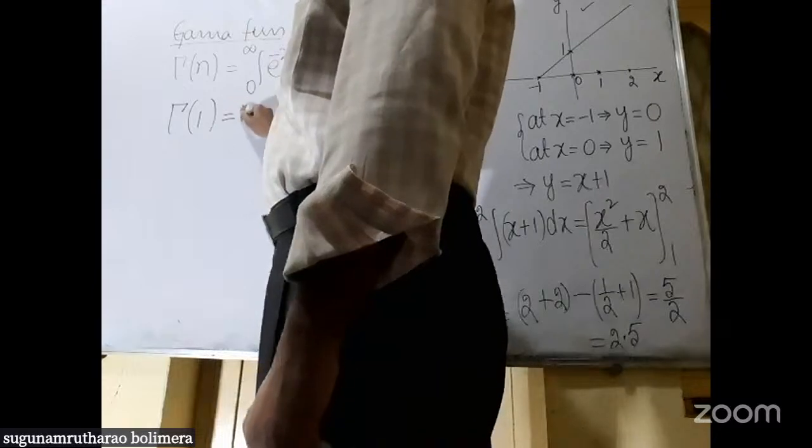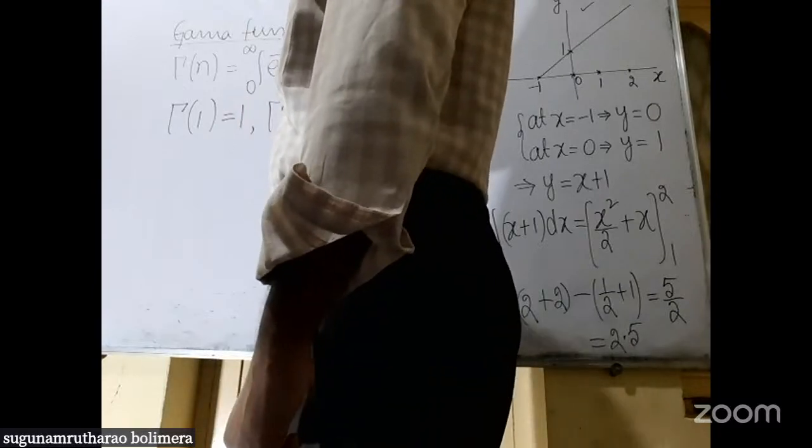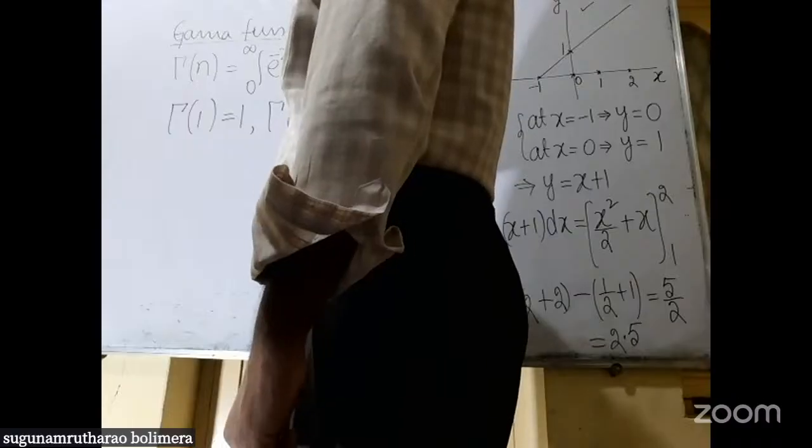Gamma of 1 equals 1. Gamma of half equals root pi.